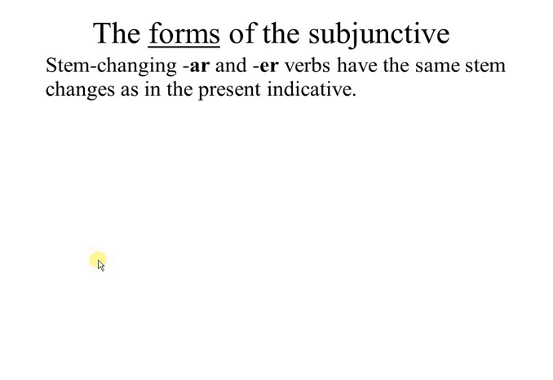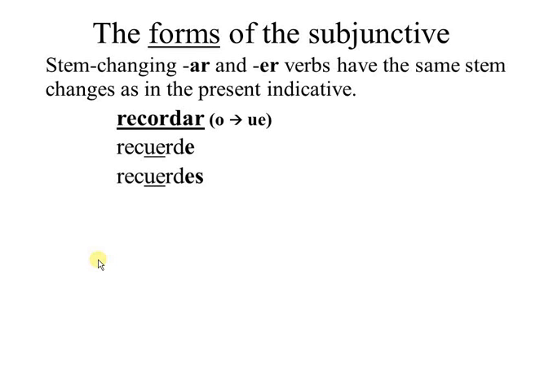What about stem changing verbs? Well, stem changing AR and ER verbs have the same stem changes as in the present indicative. So, for example, recordar. So you say, yo recuerdo, conjugating the yo form, and then you put the opposite endings. Recuerde, recuerdes, recuerde, recordemos.